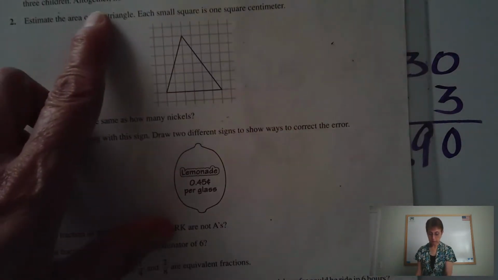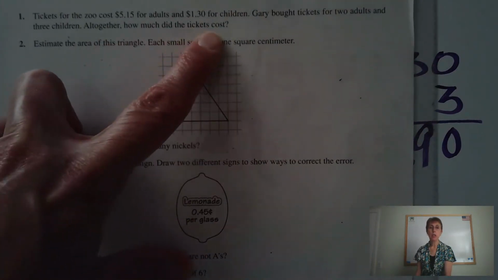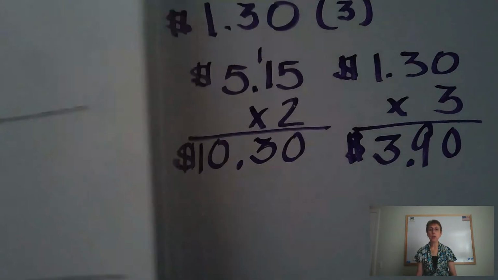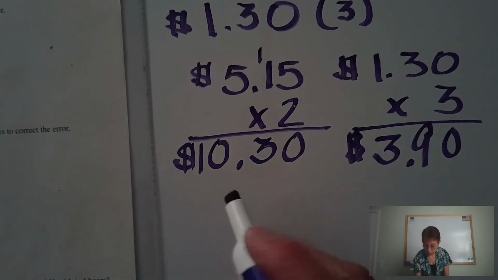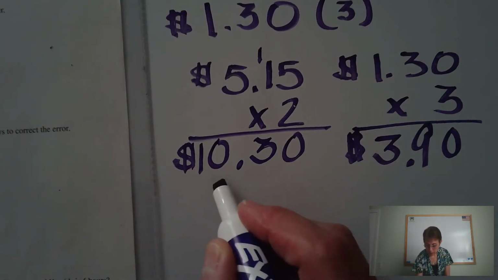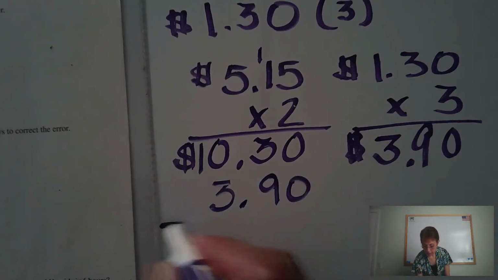Now the problem does ask us altogether, how much did the tickets cost altogether? So now what would be your final step? Looking at how much was spent altogether, you're going to need to add the adult tickets plus the children's tickets. So we have $10.30 plus the $3.90.